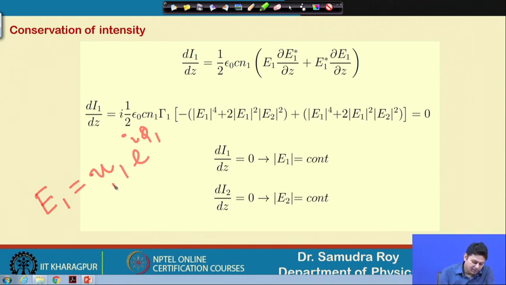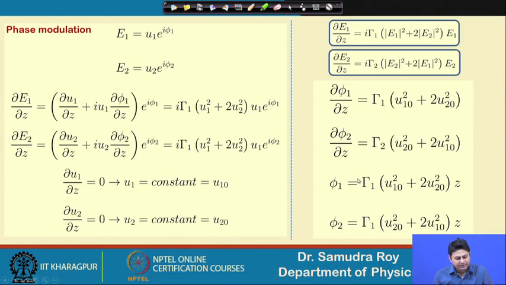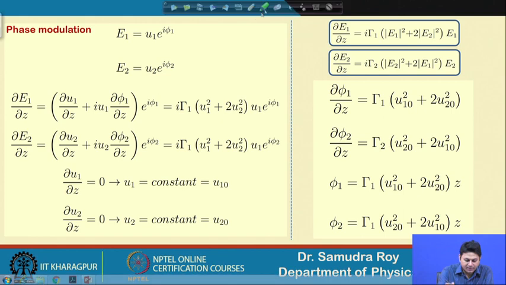U1 is a real quantity and phi 1 is also a real quantity, and they are written in the standard way we always write a complex term, r e to the power i theta.